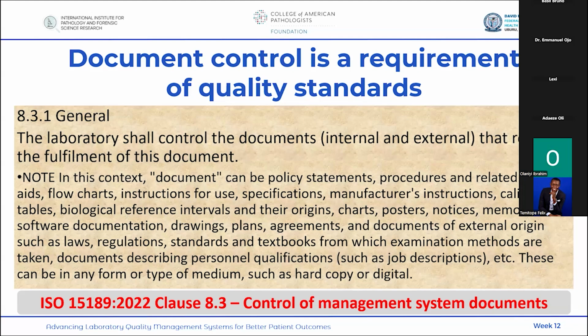All of these can be generated internally. As a lab, we have developed these documents, but it could also mean documents of external origin. Both internal and external documents must be controlled. So the lab will need to define what the document control features should be for each level of documents.